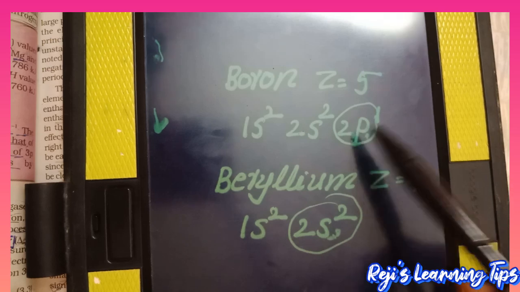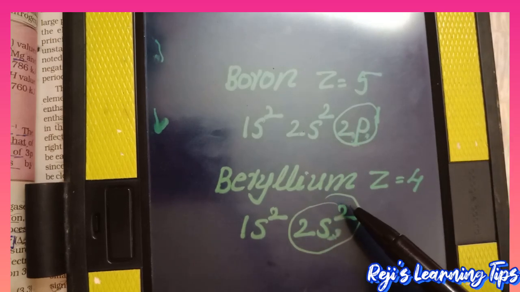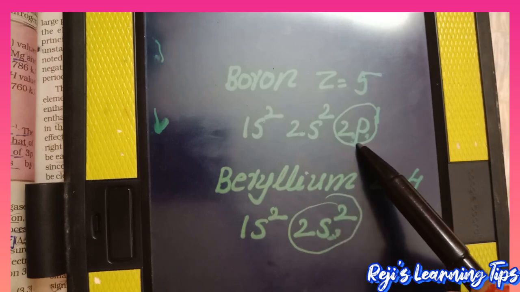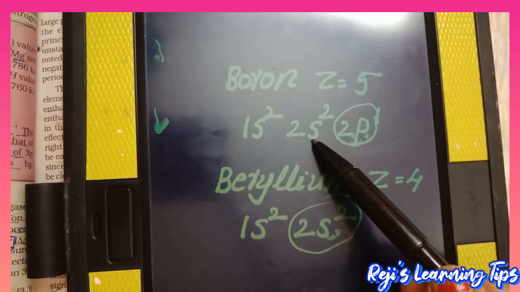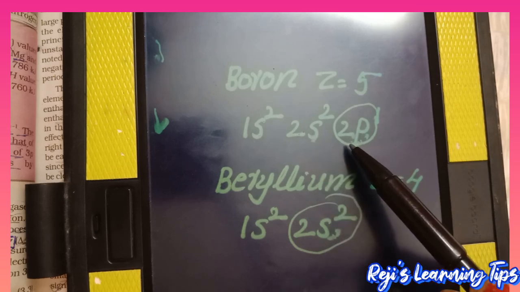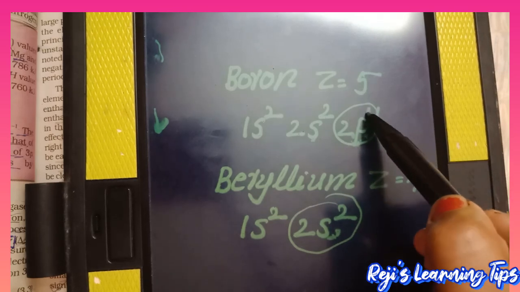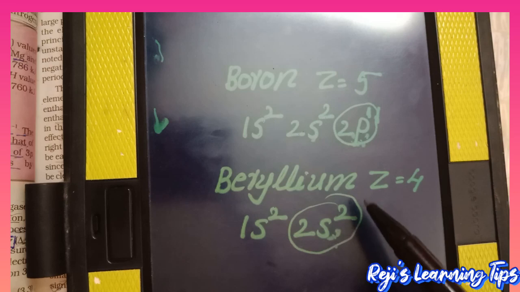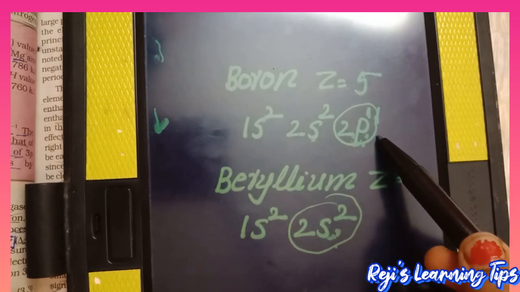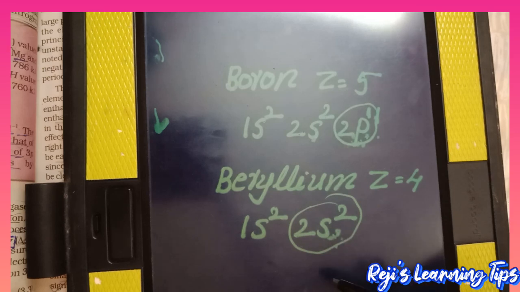In addition to that, the 2p electrons of boron are more shielded from the nucleus by the inner core of 2s electrons. Therefore, it is easier to remove the electron from 2p than from 2s of beryllium. So, ionization enthalpy is less in boron than beryllium.